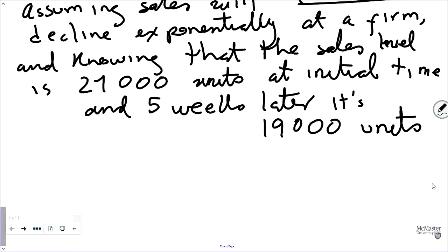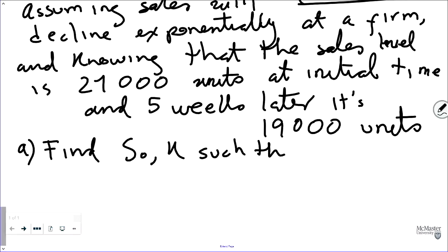There are two indications. The first one is to find a couple of constants, which we're going to call S naught and K, such that the following holds: we have a function for the sales, which is a function of time, equal to the constant S naught times an exponential, e to the minus KT. So little by little, look.